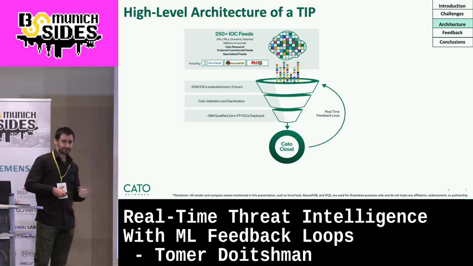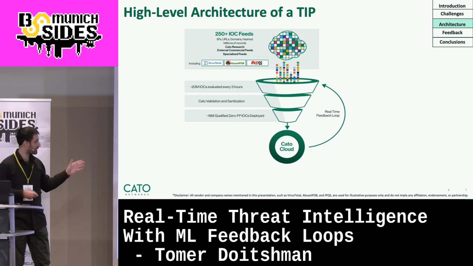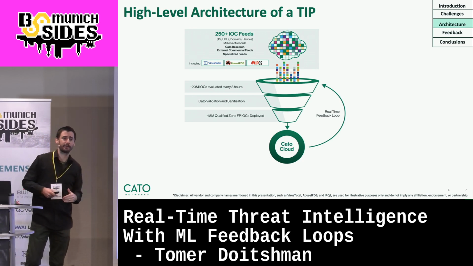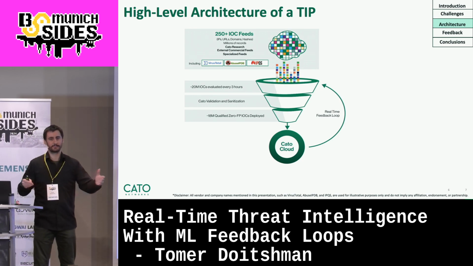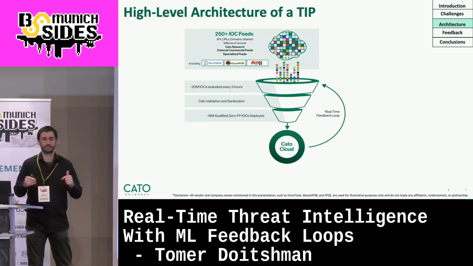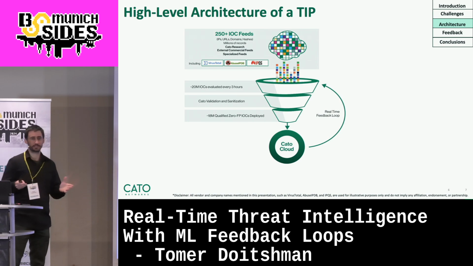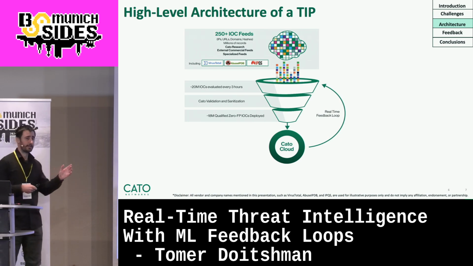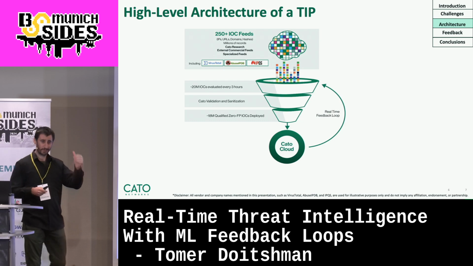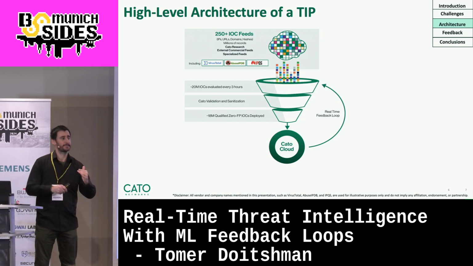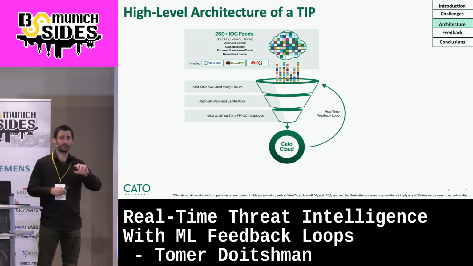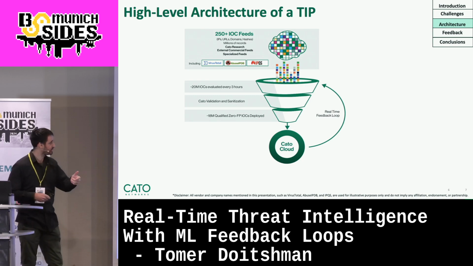The next layer is the machine learning model. We'll talk about it later, but this machine learning model, which encompasses many security features and context features about the IOC, finally outputs a bottom line score, as we saw before. Based on this score, we decide if we block this IOC in production or not.